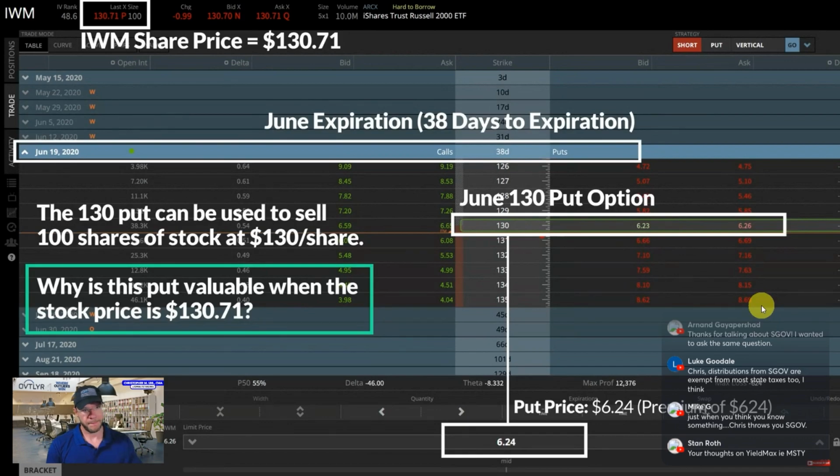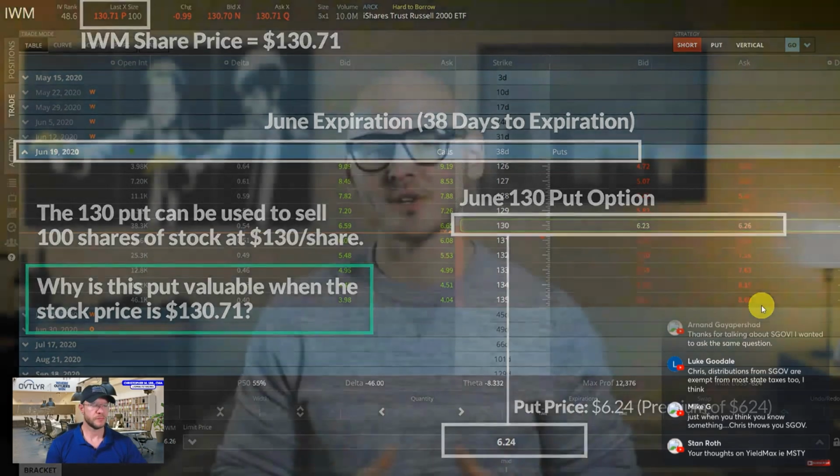I could just sell shares of stock right now for $130.72, at a higher price than I could sell these shares for by using my put option. So why is this put option valuable when the stock price is above the put option's strike price?